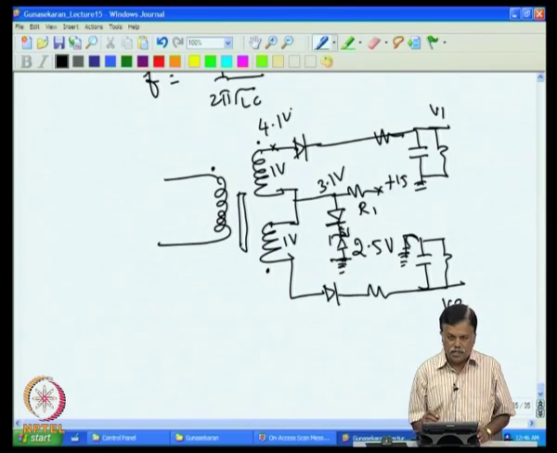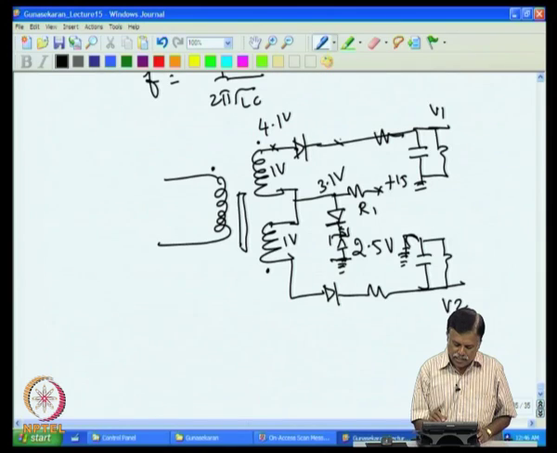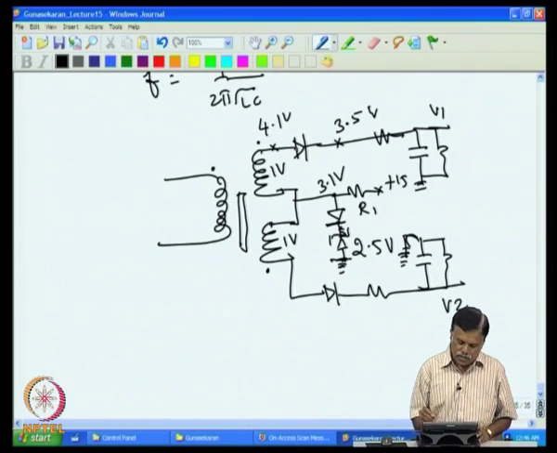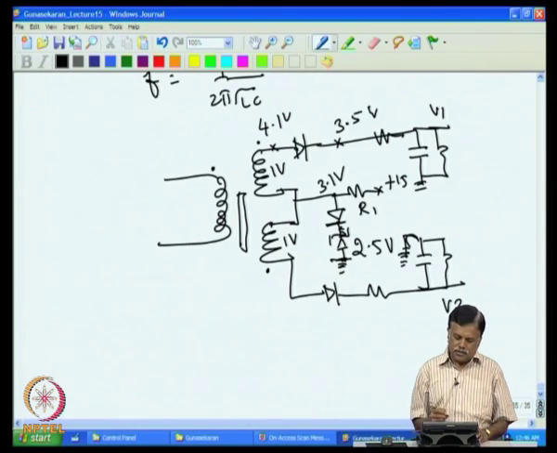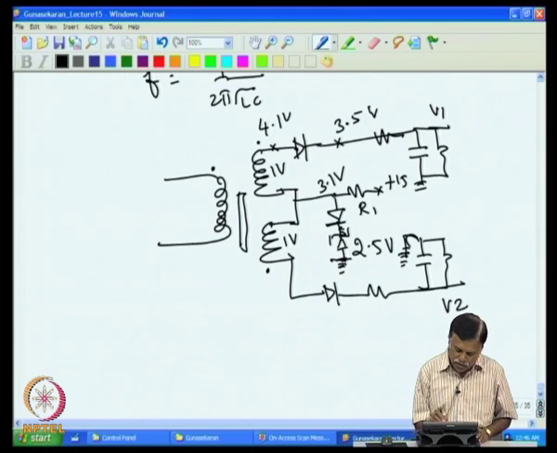So, 4.1 comes, then you will get here 3.5 volt. 0.6 is across this. So, if it is 3.1, you will get 4.1, then minus 0.6, you will get 3.5 volt.